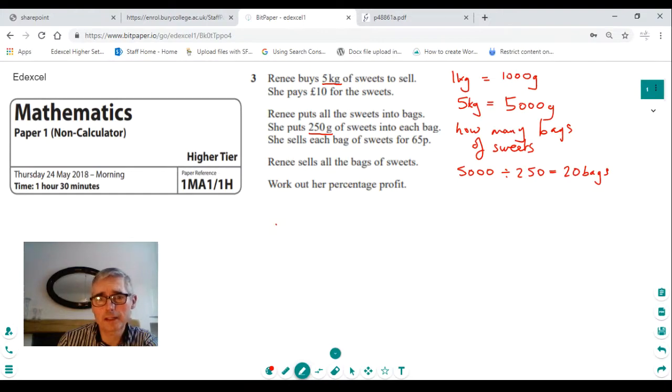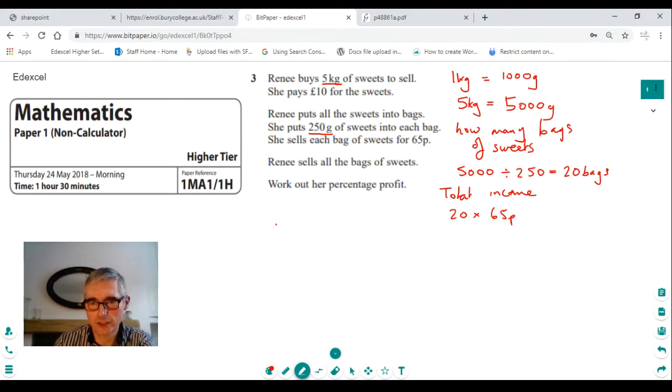Since she's selling each bag for 65 pence, we need to work out the total amount of money that she's going to make. So the total income is going to be 20 times 65 pence, working in pence.